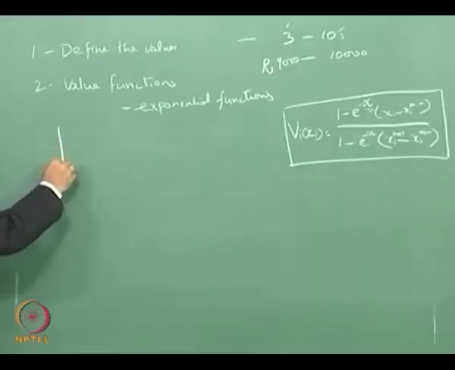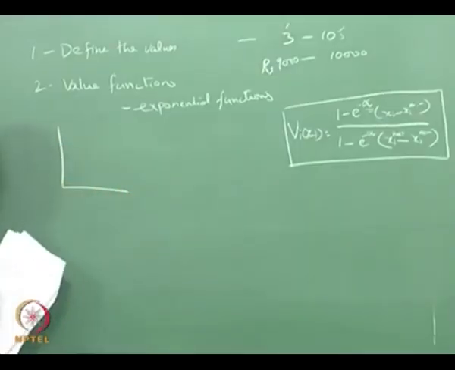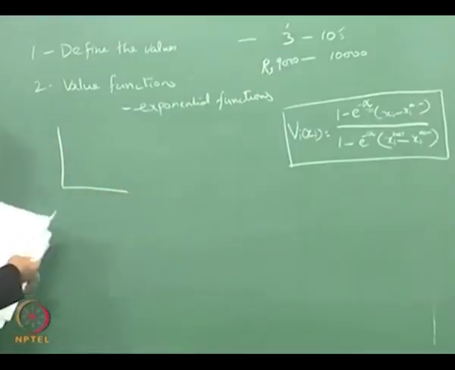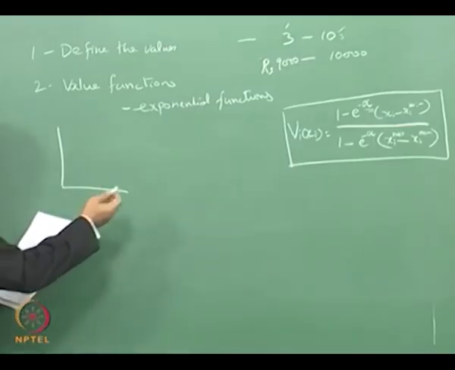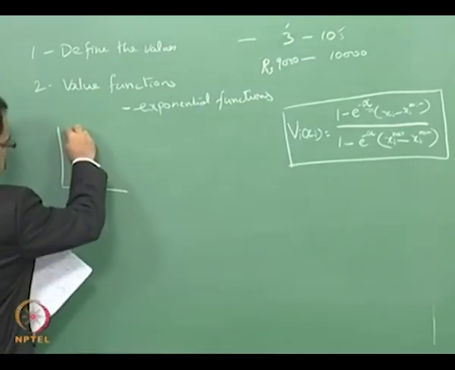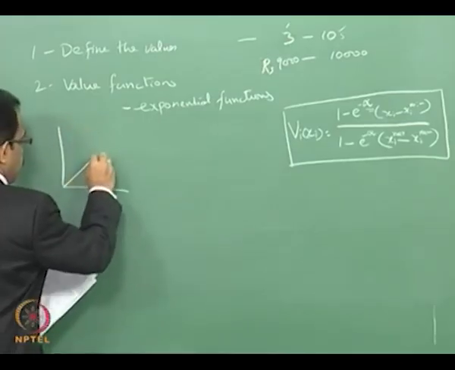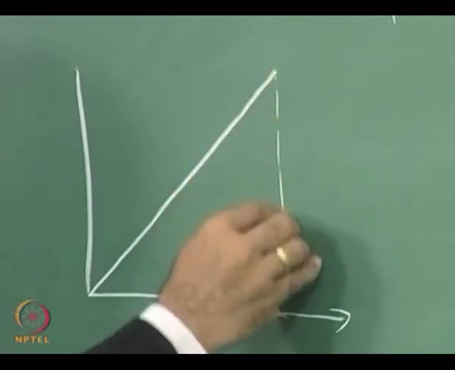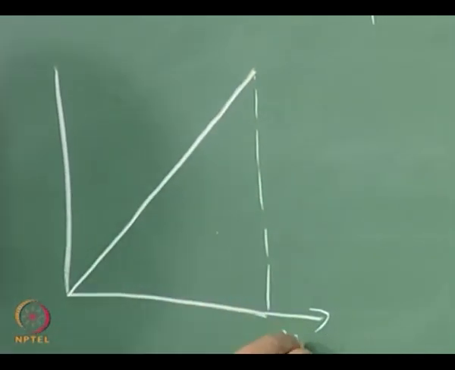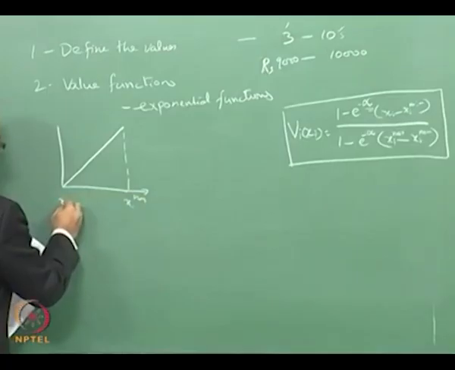So the first one is linear return to scale. So you can have a linear return to scale function, like this. So this is the xi max, and this is the xi minimum.